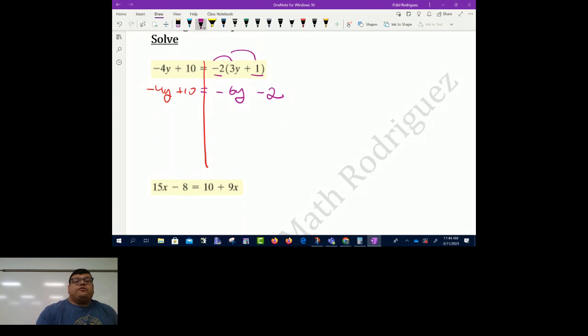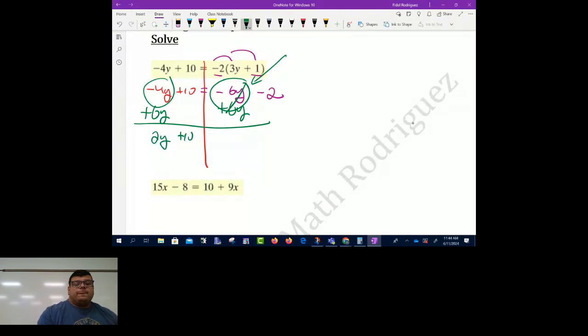The smaller y here between negative 4 and negative 6 is actually negative 6. So I'm going to add 6y to both sides. Okay, so negative 4 and 6 is 2y plus 10. Those cancel. Negative 2. I'm going to minus 10 on both sides.